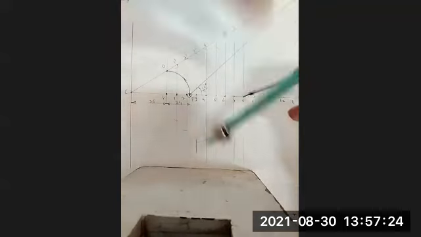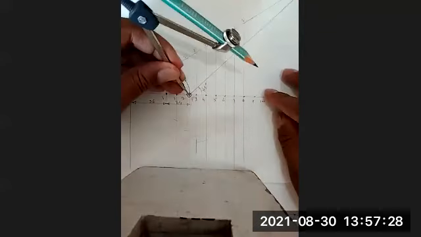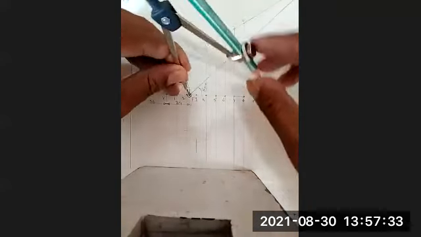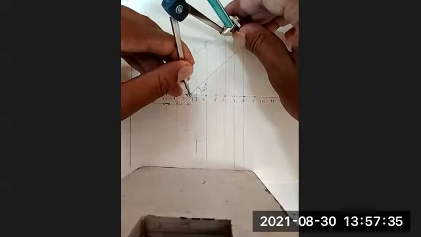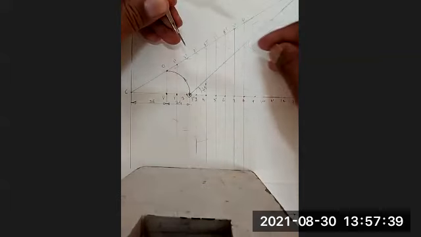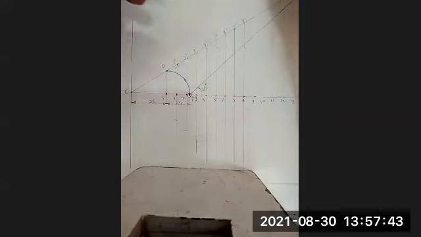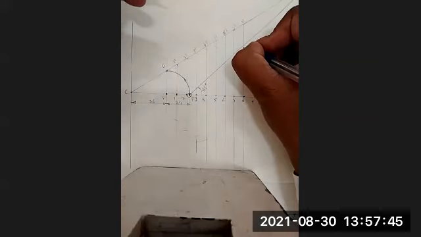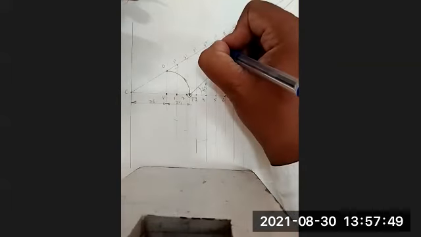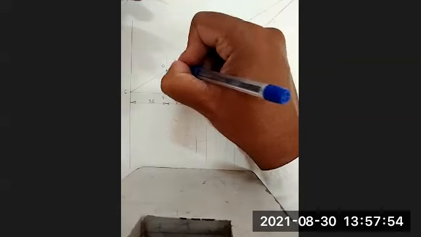I'm not going to take all those points here, but you should do it. Immediately mark the points where you get the arc so that there is no confusion later.